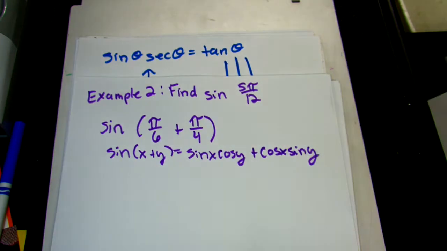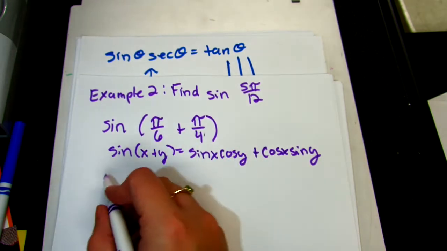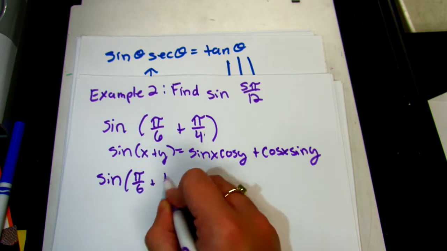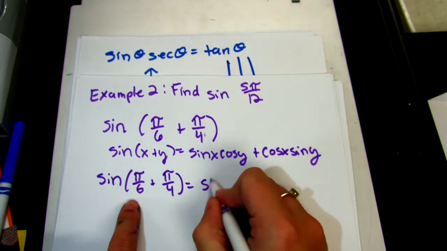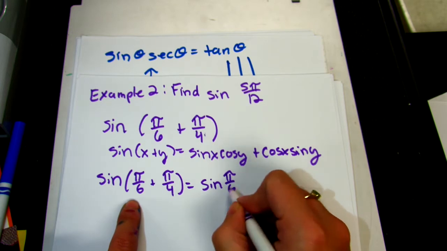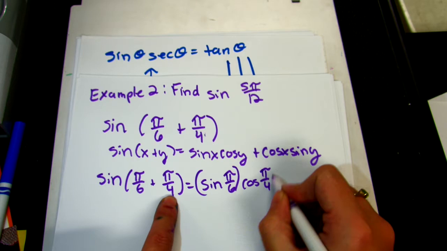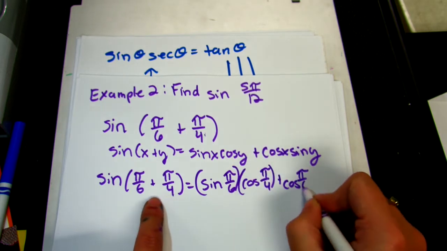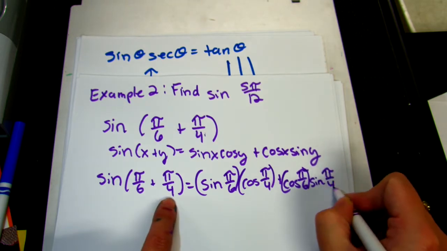All right, so plug in x and y, these values, right? So sine of pi over 6 plus pi over 4 is equal to sine of pi over 6 times cosine pi over 4 plus cosine pi over 6 times sine pi over 4.